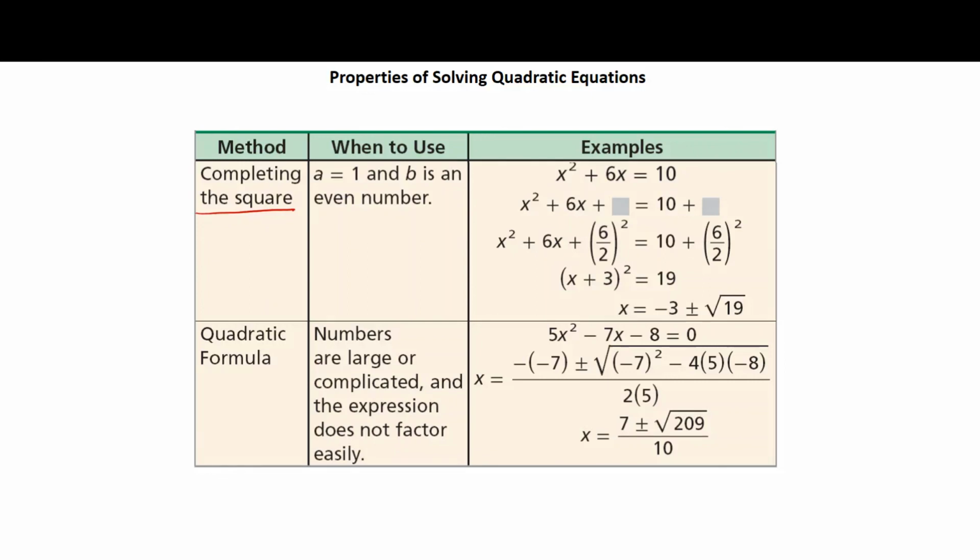You can do that when a equals 1 and b is an even number, because all the times that we did it, remember we had 8 divided by 2, that was really handy, and 6 divided by 2, that was really easy. If you had 5 divided by 2, you can still do it, but it's not quite as easy. And sometimes it's easier to just use the quadratic formula.